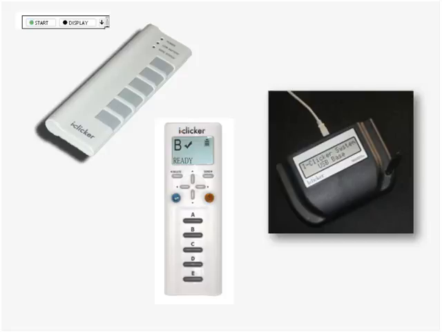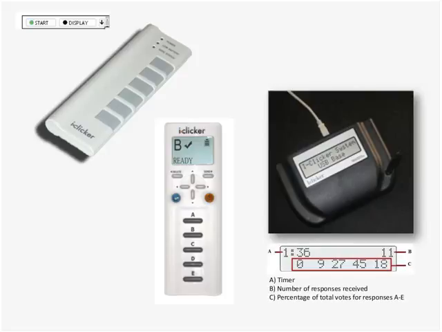That's a nice feature. Now, the software will record every student's answers and then later can give you all sorts of statistics about how the question was answered. The basic statistics actually show up on the base station itself.